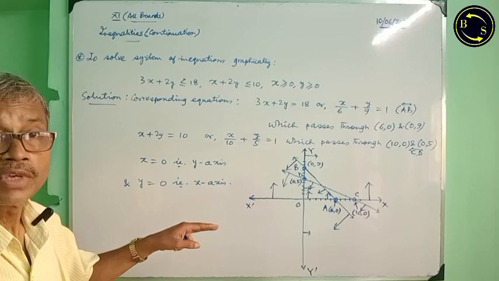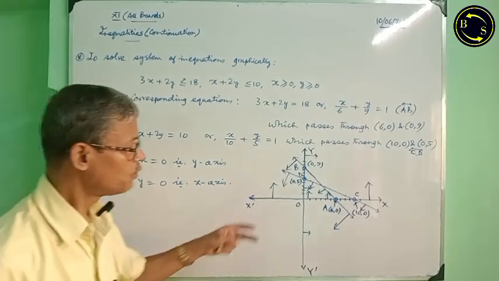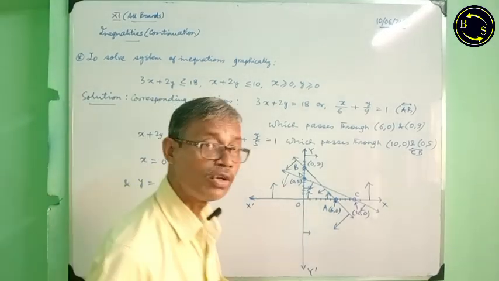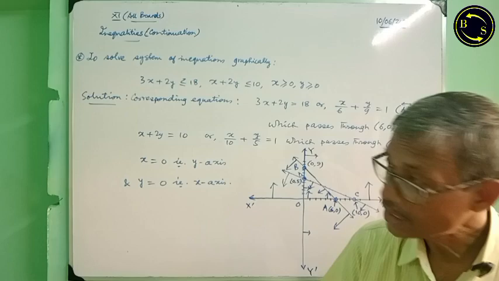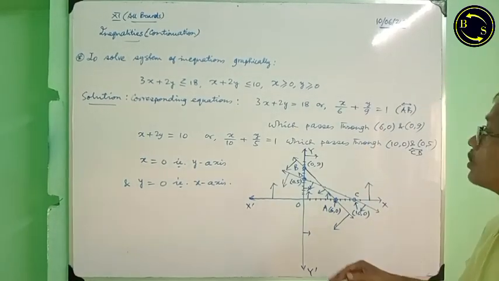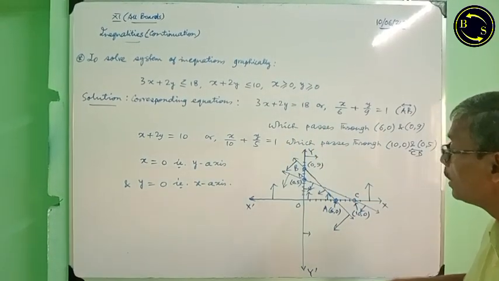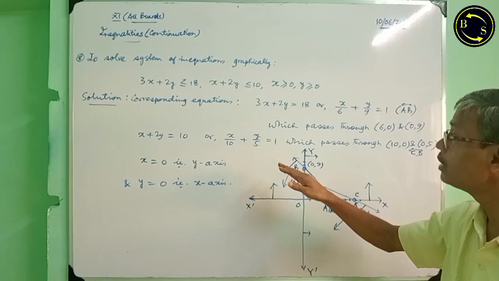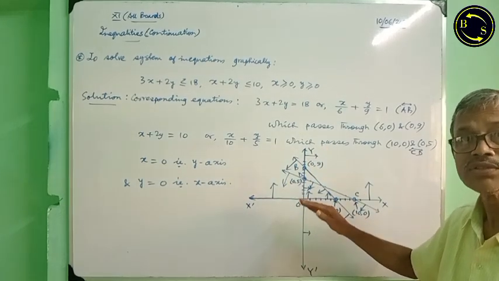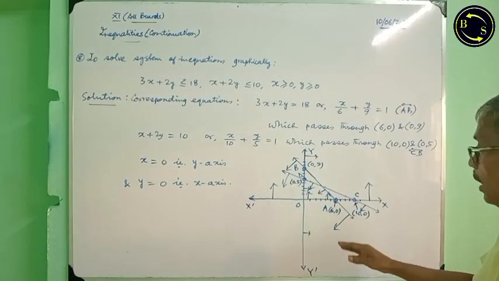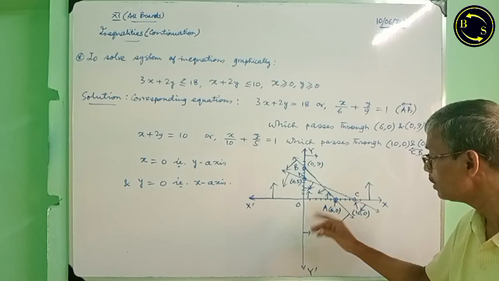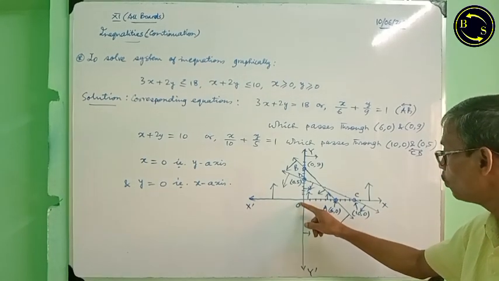Students, you note this very carefully. First of all, I have drawn the straight lines for the corresponding equations. Then I have determined the solution region separately. And we now find this region.